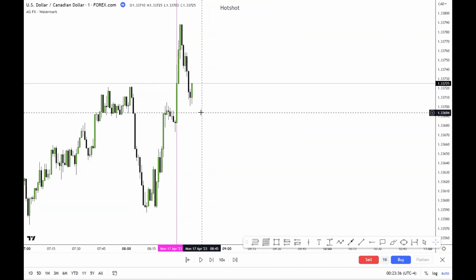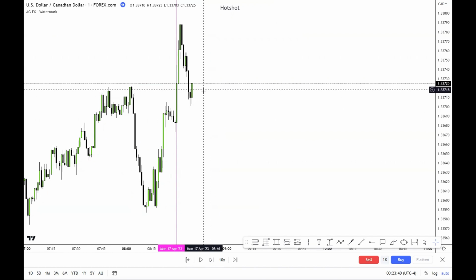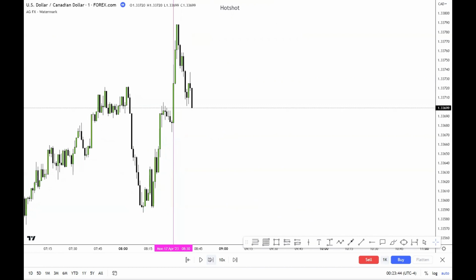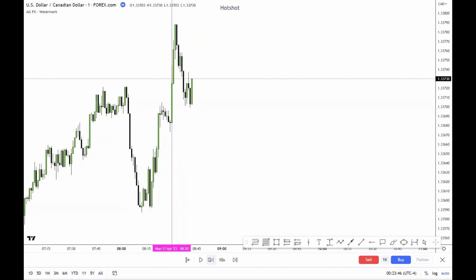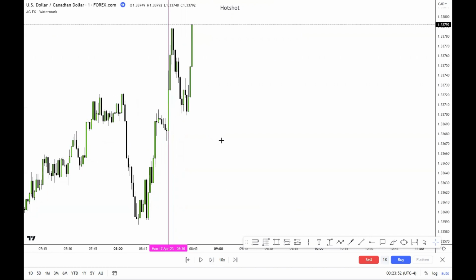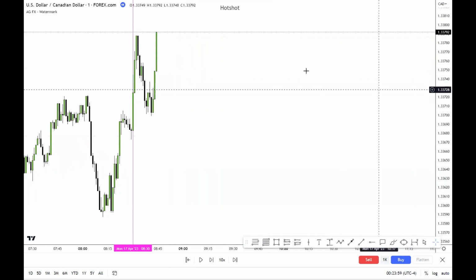It shifted there, then it refilled the imbalance, took off from there, then we can look to get in on the second one. Okay, that's the shift. There's no fair value gap. Instead, it took off right here. It filled in this imbalance, so technically that's an intermediate term low.